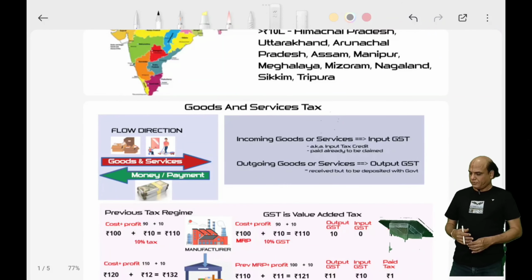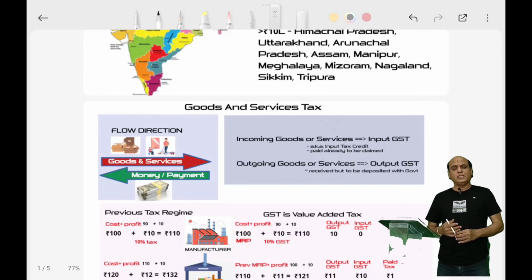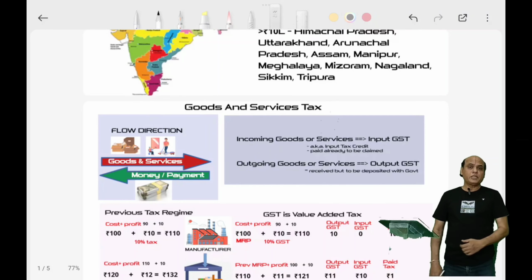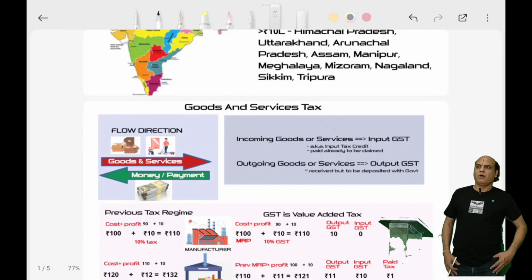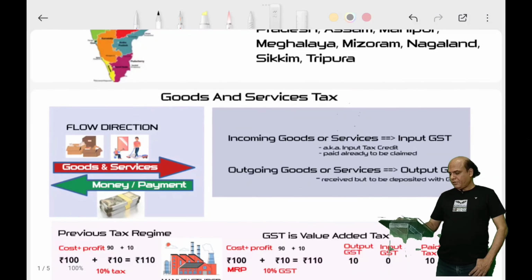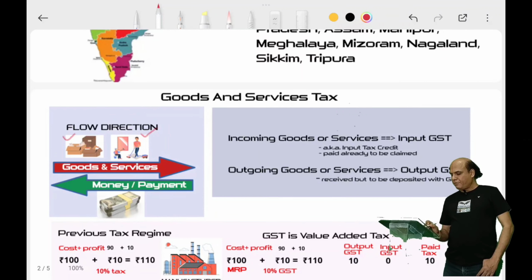Let's move further. See, in the goods and services tax, it is very important to pay attention to the terminology that is being used, or else you will get confused. So, can you see on the screen the flow direction? Here, if you see the goods and services, suppose they are moving in this direction.